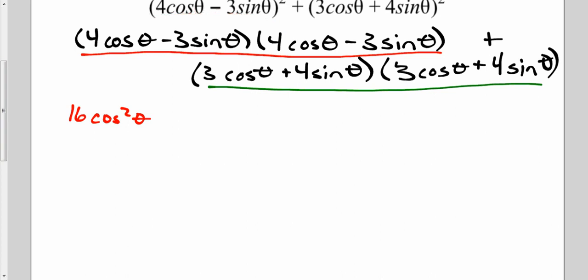Okay? Now, I want to do outer. So I'm doing that. Plus or minus? Minus. So minus 12. Minus 12 what? Cosine theta, sine theta.